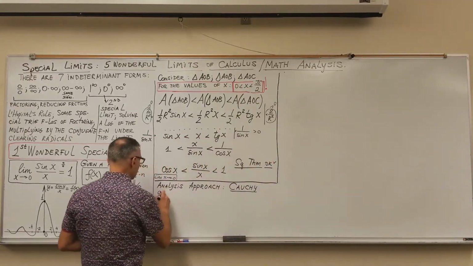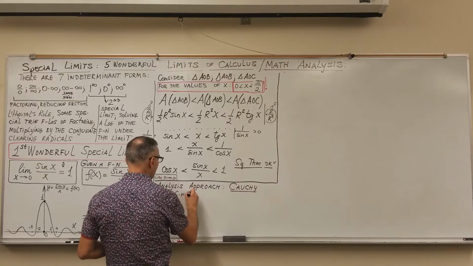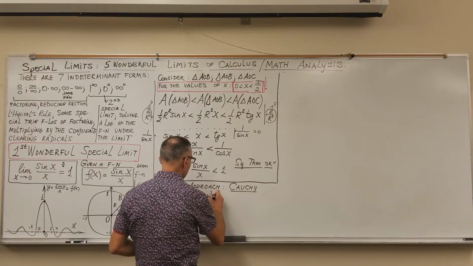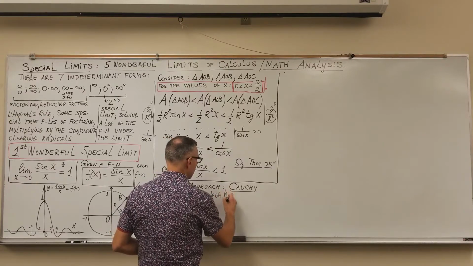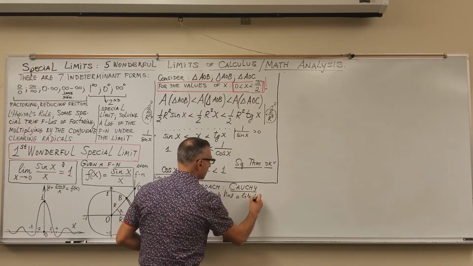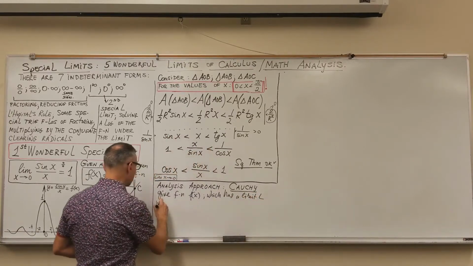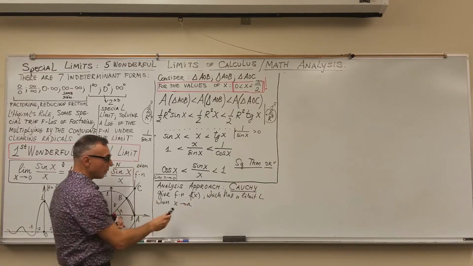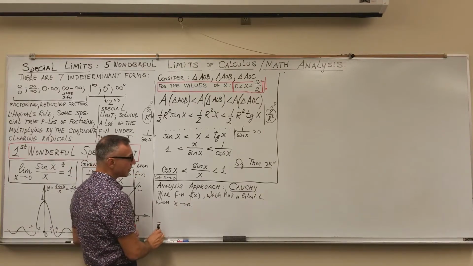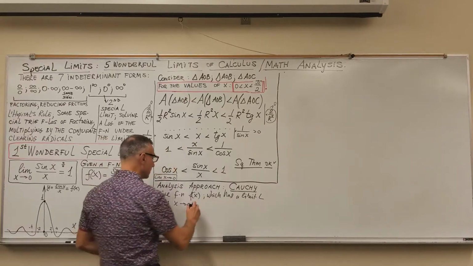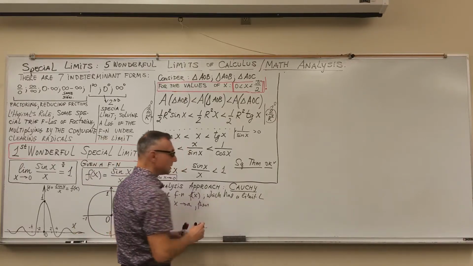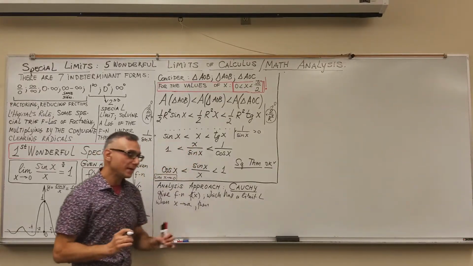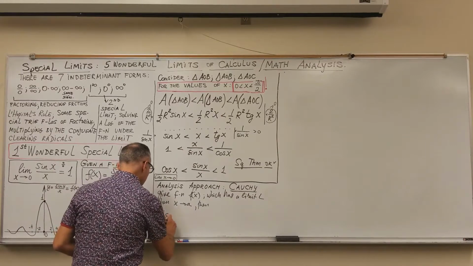When you're given a function f of x which has a limit L when x approaches a, so we have all those conditions: x approaches a, the function has a limit L. Then the detailed part of a function having a limit, we discussed that in analysis.